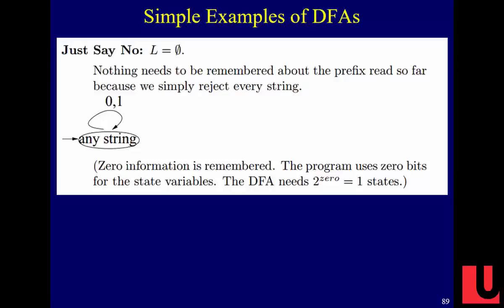I'm always in that state. So what do I know because I'm in that state? Nothing, because I'm always in that state. So it will never accept. How does a DFA work? You keep running until the string is over, and then when it's over, you ask, is the state I'm in an accept state or a reject state? In this case, it's a reject state, so you reject the string. So you feed any finite string into this machine, and it will reject it.